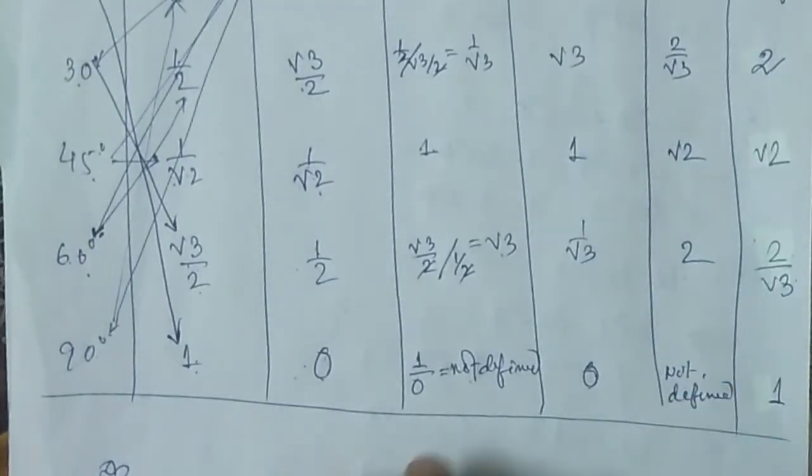Now I'm showing you how to get some of the identities. There are three identities related to these ratios. One is sine square theta plus cos square theta equals 1. I have taken theta as a degree angle measurement, but you can take any angle measurement.